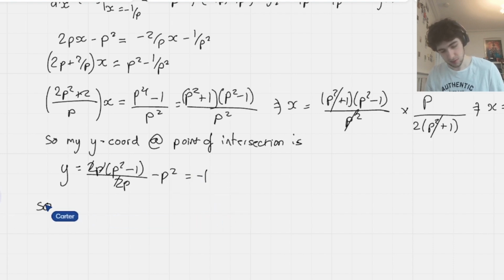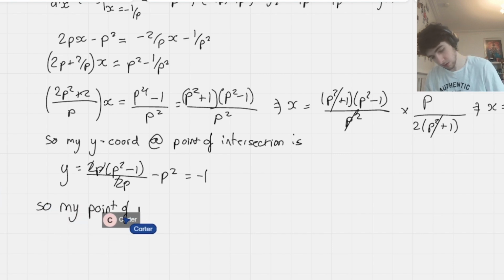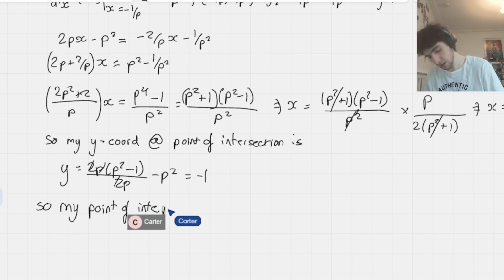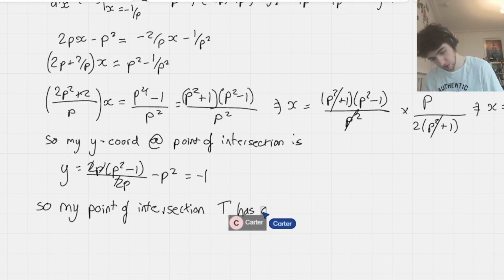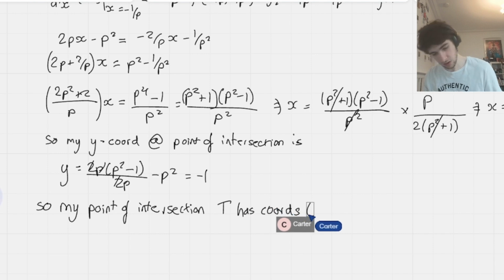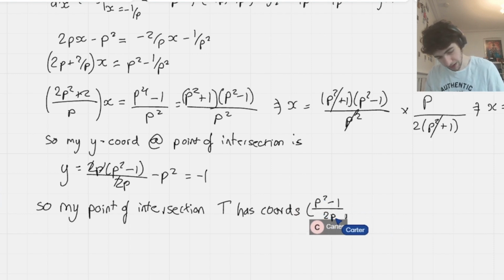So my point of intersection, I guess they called it T, has coordinates, what was it? p squared minus 1 over 2p, minus 1.